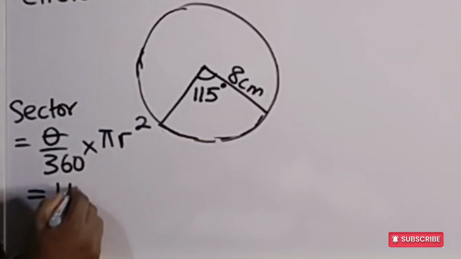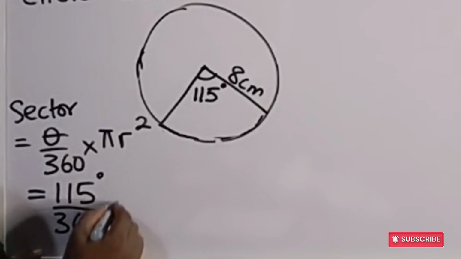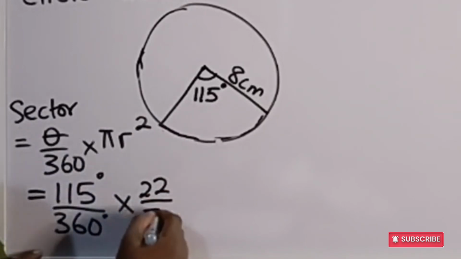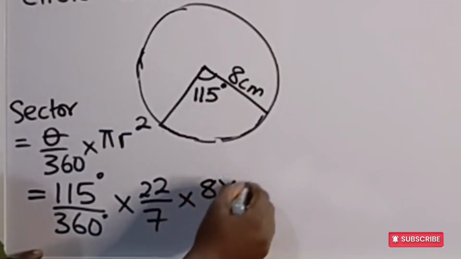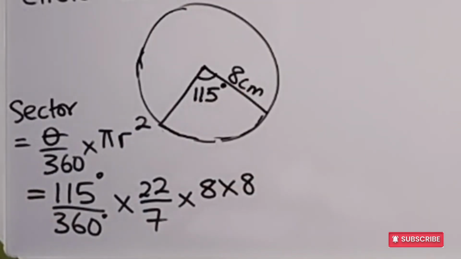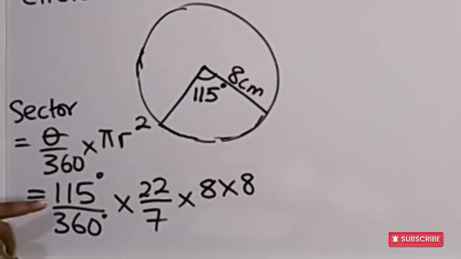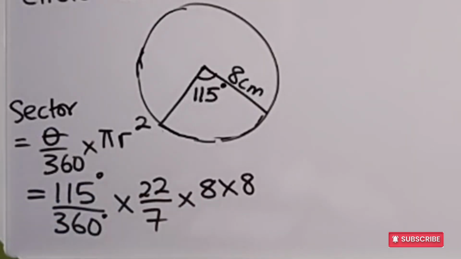So we have 115 all over 360 times pi is 22 over 7 times our radius is 8. So 8 times 8. So let's multiply all the numerators. 115 multiplied by 22 multiplied by 8 multiplied by 8.